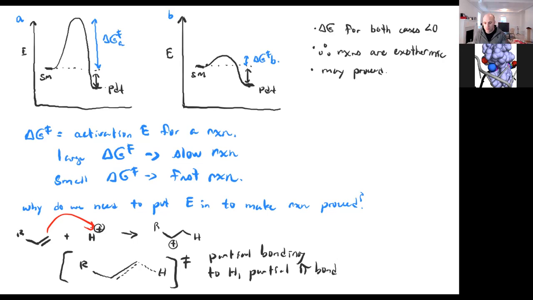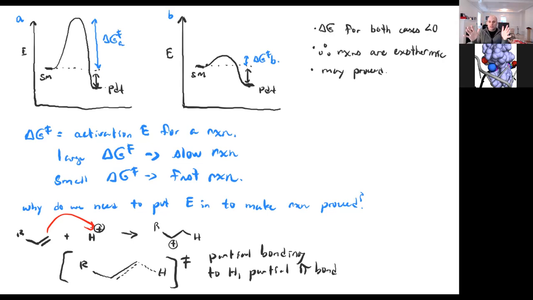The take-home message here is that reactions with a very large activation energy proceed slowly, and reactions with a small activation energy are very fast. And those, my friends, are rates. We're talking about kinetics.